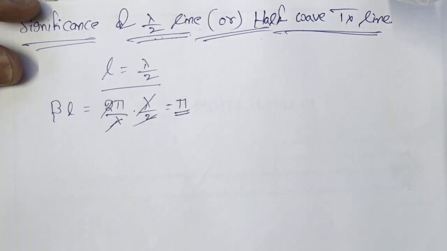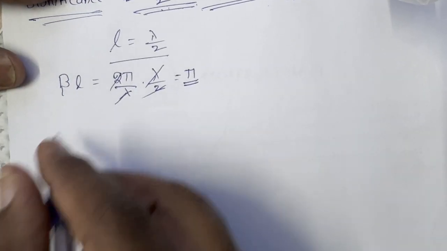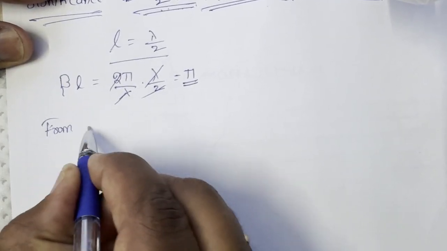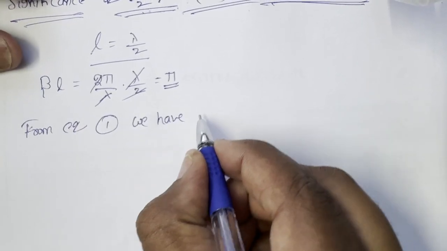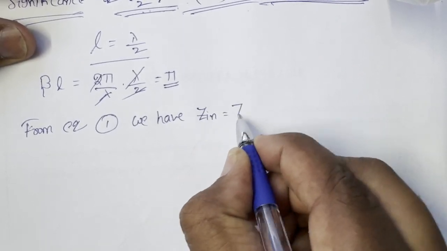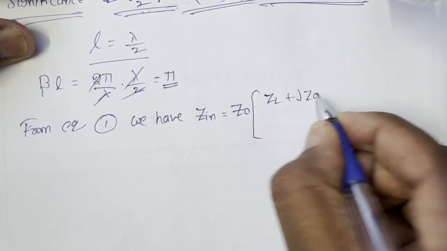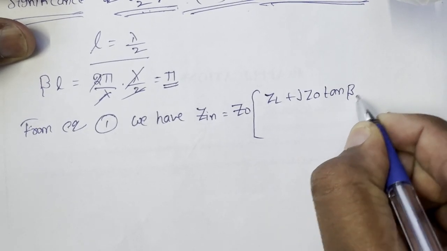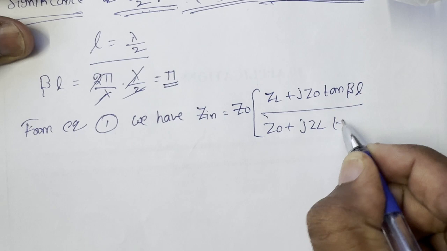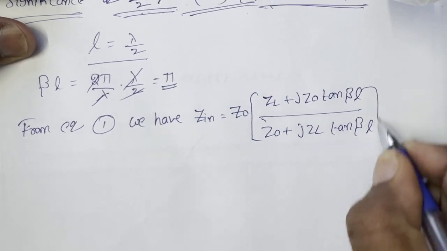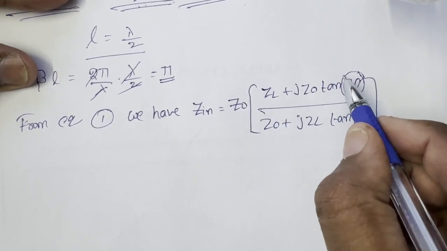Now substitute this value in equation 1. Again, from equation 1 we have Zin is equal to Z0 into ZL plus jZ0 tan beta L by Z0 plus jZL tan beta L. Here the value of beta L is pi.